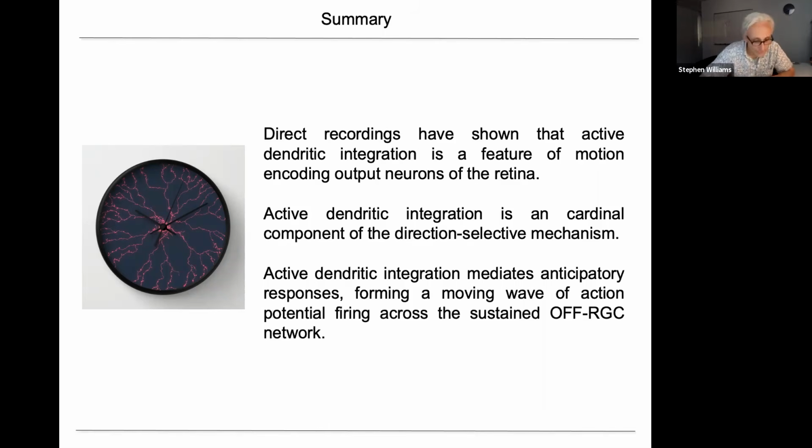Now, that's not to say that that's the whole story. I've got another talk on this. When we change the adaptation state of the retina, things change. We see some quite startling coupling between these transient off-alpha ganglion cells, mediated through very long-range interactions that then fill in the gap.